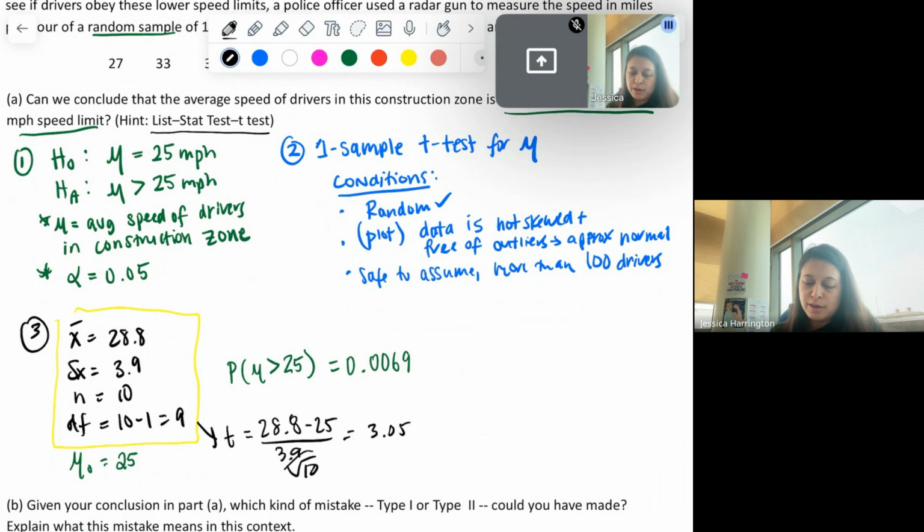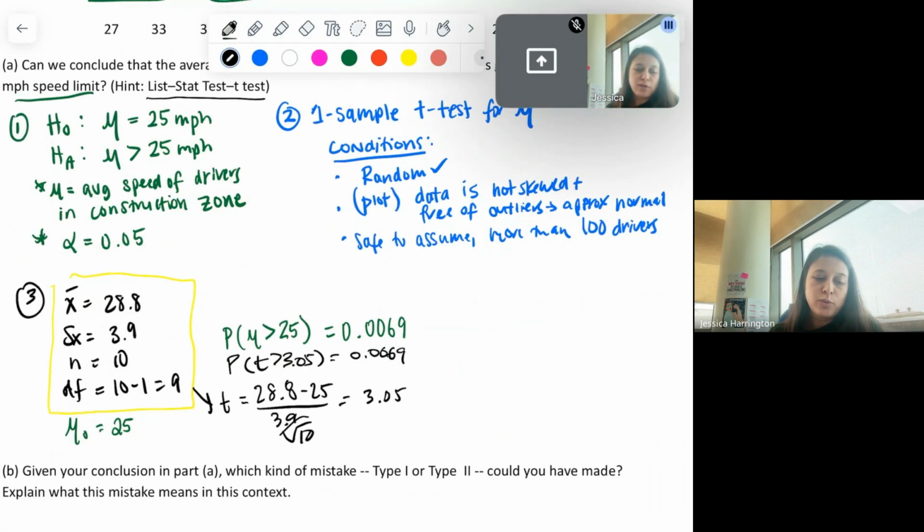So you would get the same thing, right? The probability that T is greater than 3.05 is going to be the same thing. So you could have written it either way. You can always find the test statistic and then type that in using your T-CDF, or you can use the T-interval test where you don't need that. Okay, but you should get the same number.